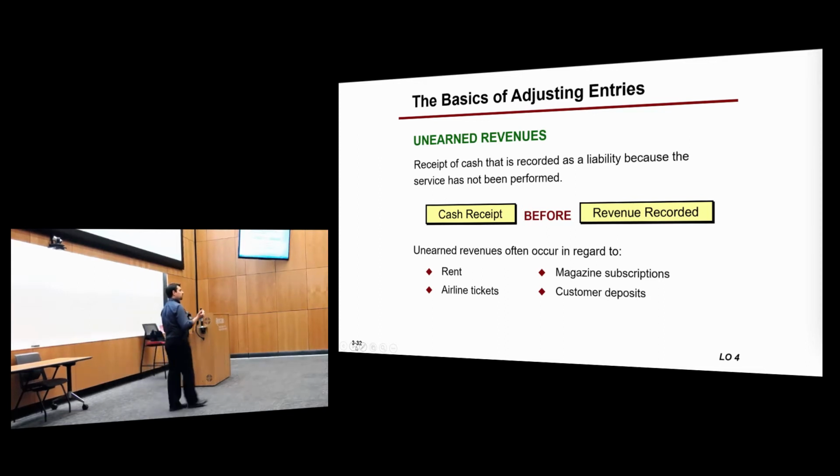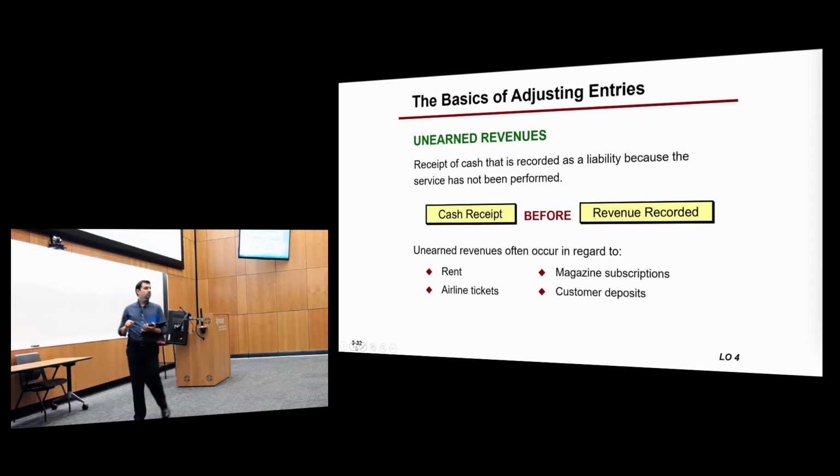Rent. One company paid rent in advance, that was prepaid rent. As far as the landlord is concerned, the landlord received cash before providing the service, which is the use of the location for rent. That would be, in this case, an unearned revenue.